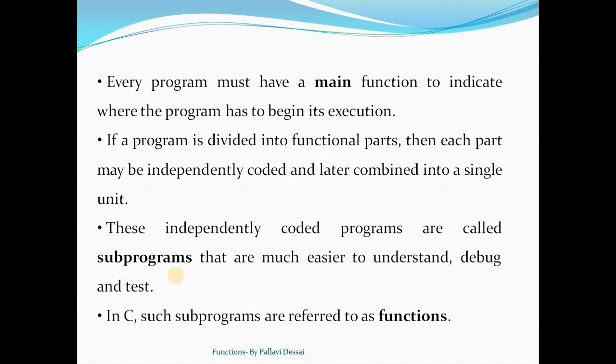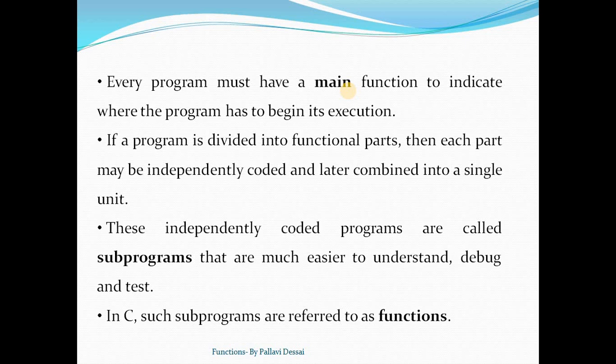In C, such subprograms are referred to as functions. These subprograms or functions cannot be independently executed. They have to be brought together in the main function. There are times when a certain type of operation or calculation is repeated many times throughout a program.